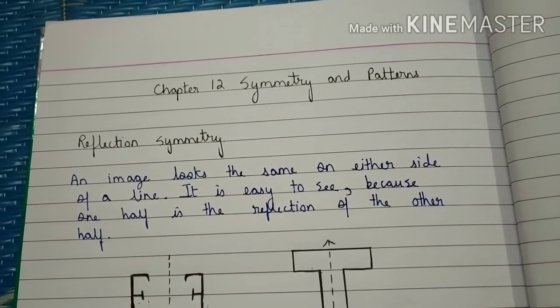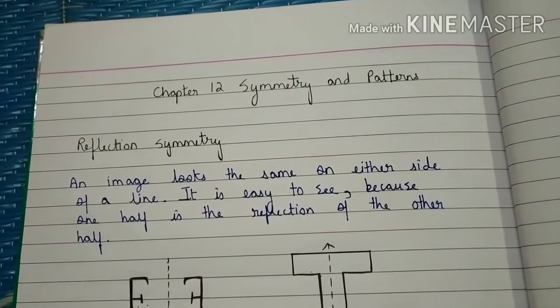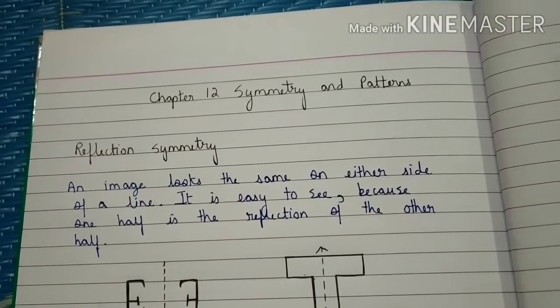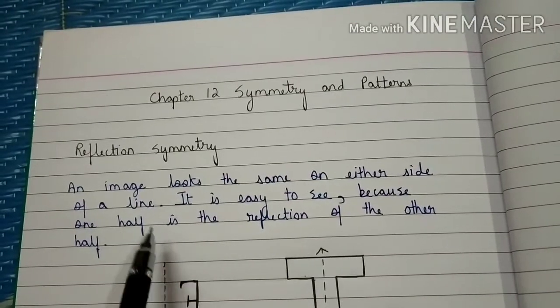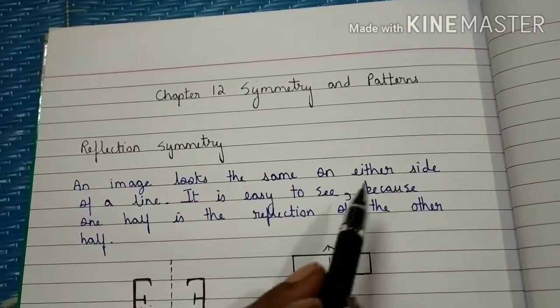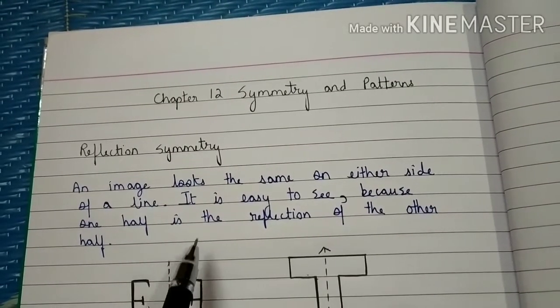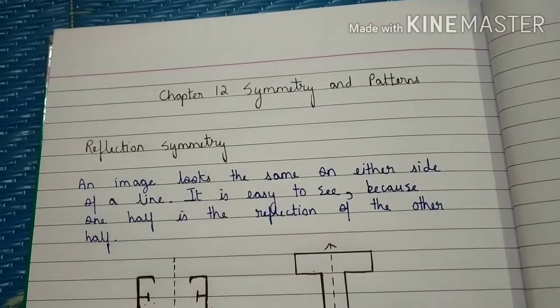Why are they similar to each other? Because one half is the reflection of the other half. So students, this type of reflection is known as reflection symmetry.